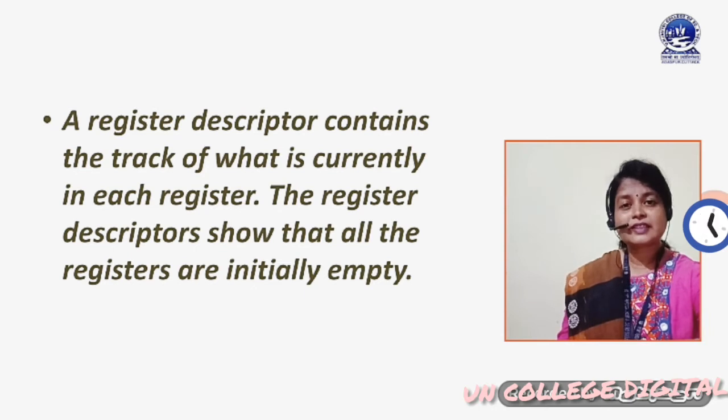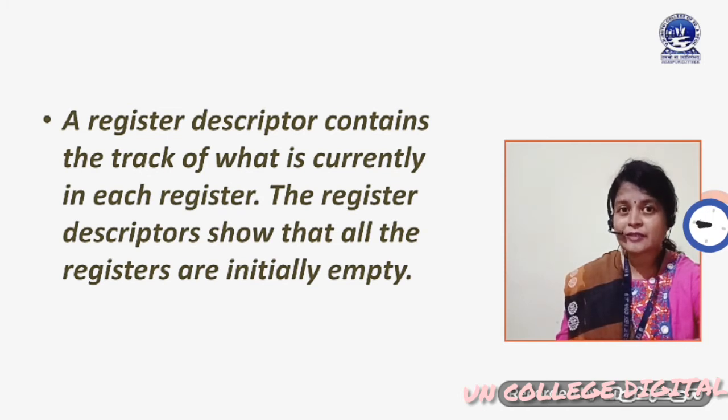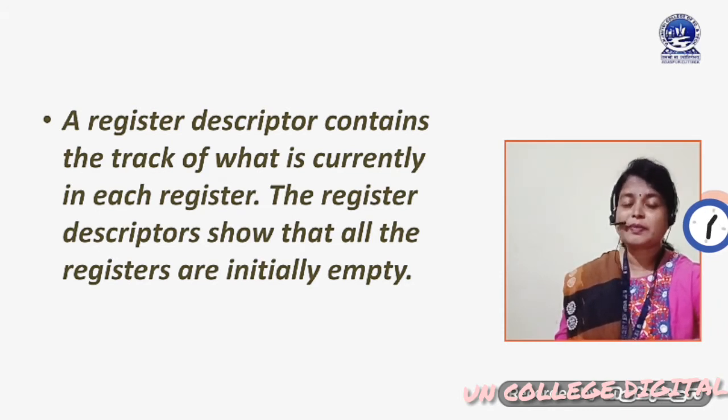The last phase is target code generation, and during target code generation the register descriptor plays a very important role, because we know that the ALU consists of a number of registers and your program instruction must reside in the ALU registers for execution. For that reason a register descriptor is used to show the current status of each register. Initially, before the execution of your program, the register status will be empty.